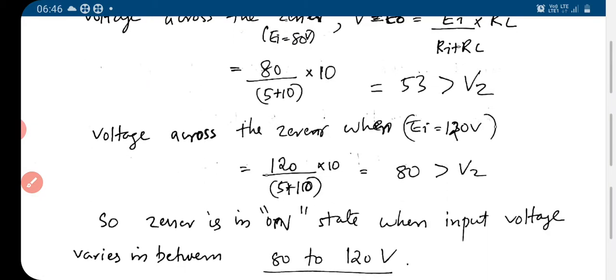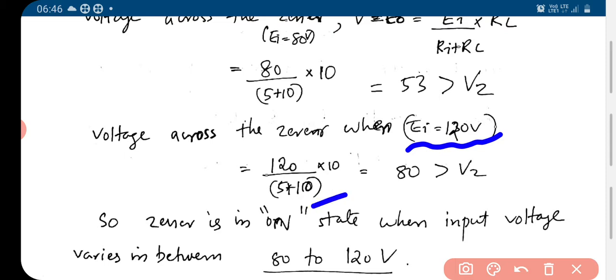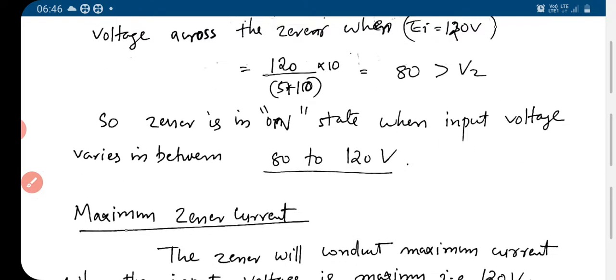And when the input voltage is 120 volt, of course it will be in the on state. If you calculate the open circuit voltage across the Zener, that will be equal to 80 volt. So the Zener is in the on state when the voltage varies between 80 and 120 volt.